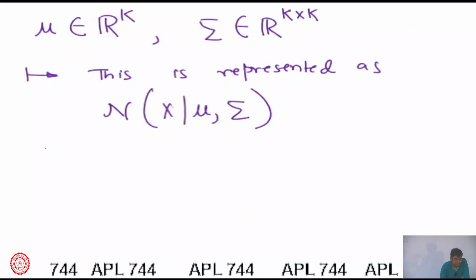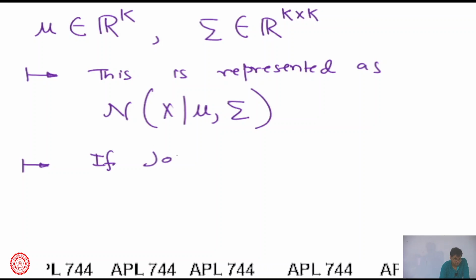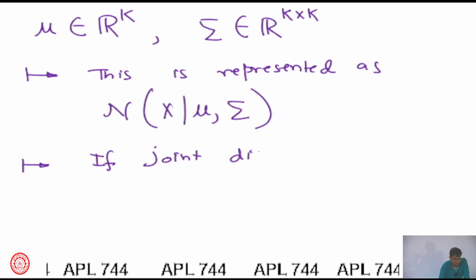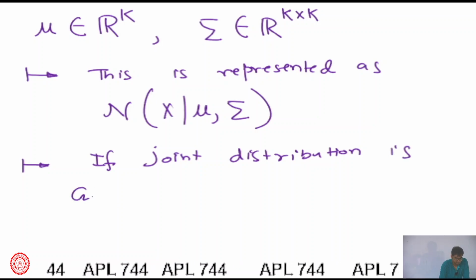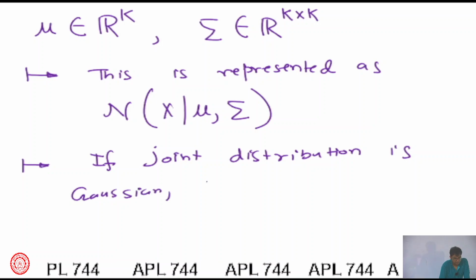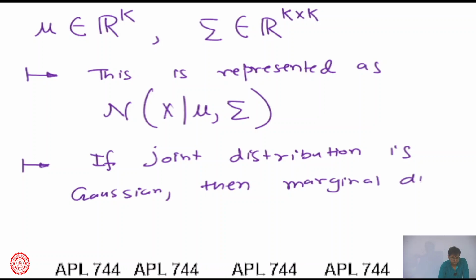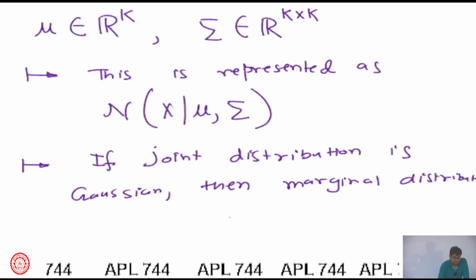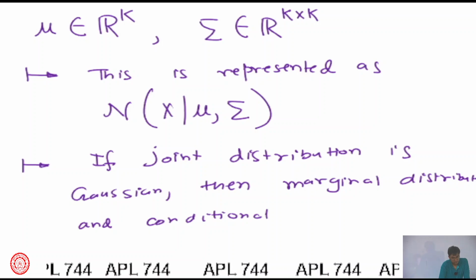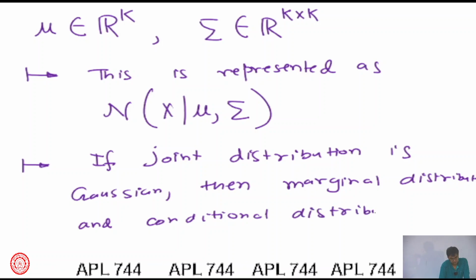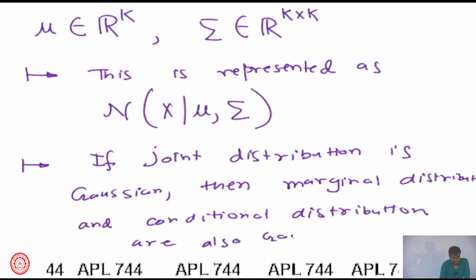Okay. So, the point I was trying to make is that if the joint distribution is Gaussian, then the marginal distribution and the conditional distribution are also Gaussian.